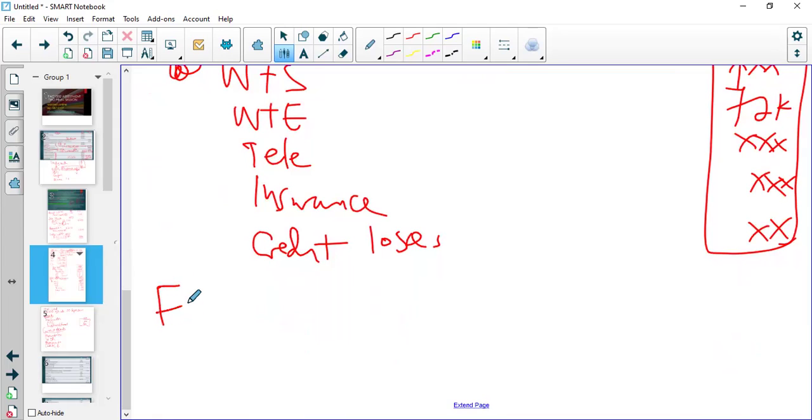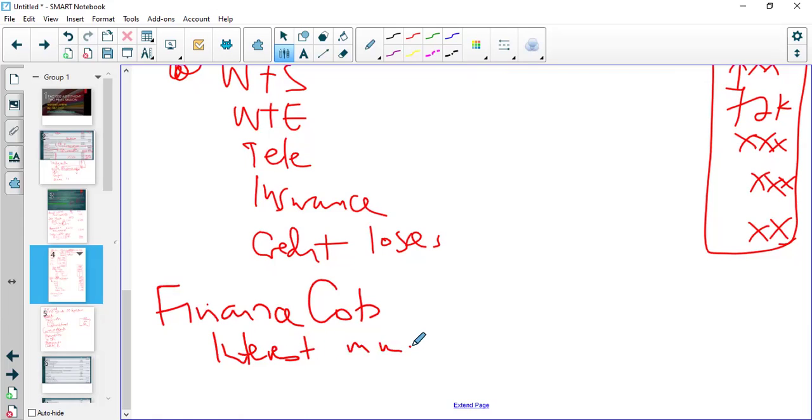Then here you have your finance costs. Then you could have, let's say, interest on mortgage, if there is a mortgage, or interest on bank loan. Because those are two different amounts.